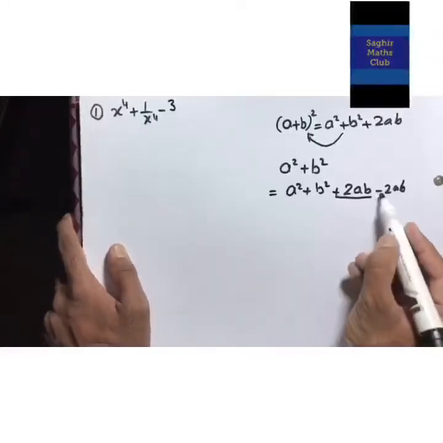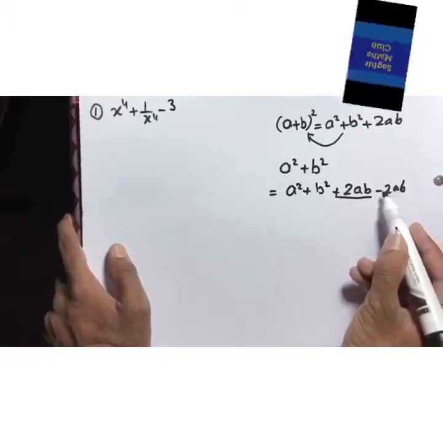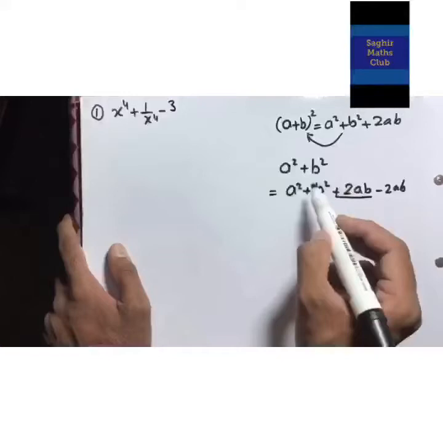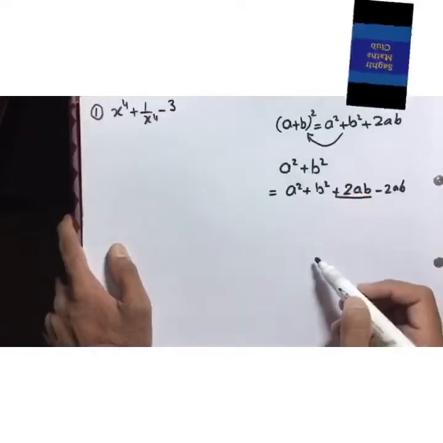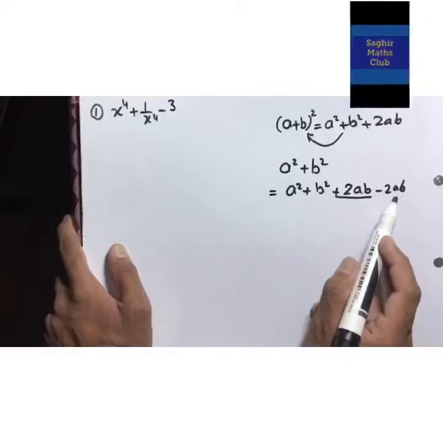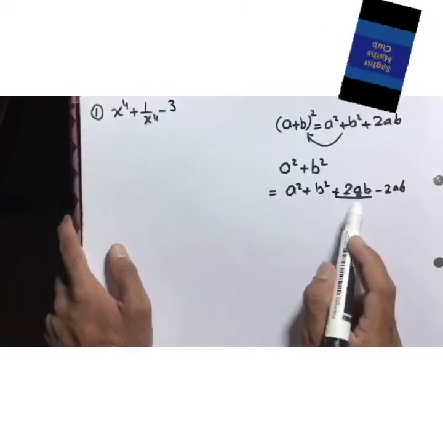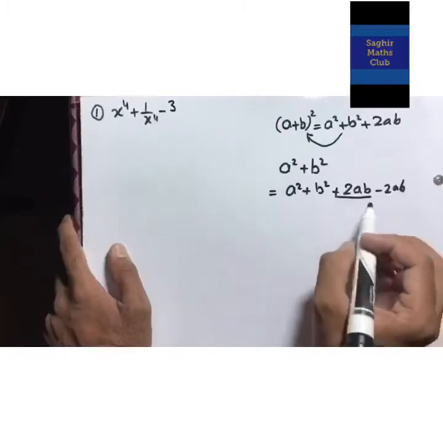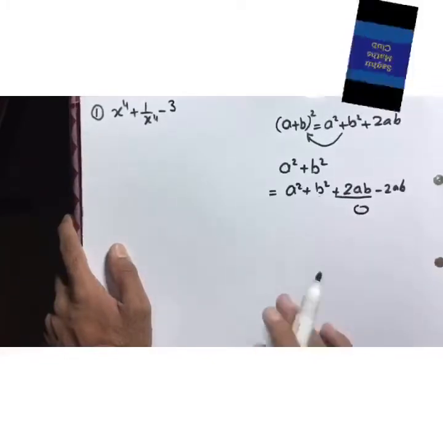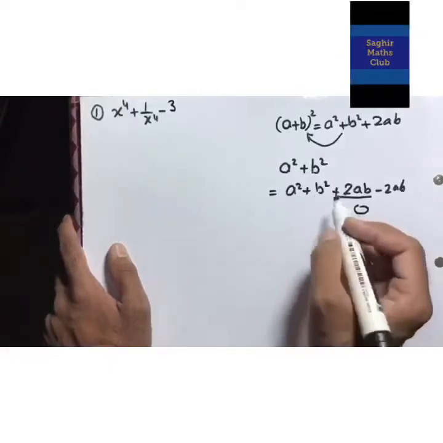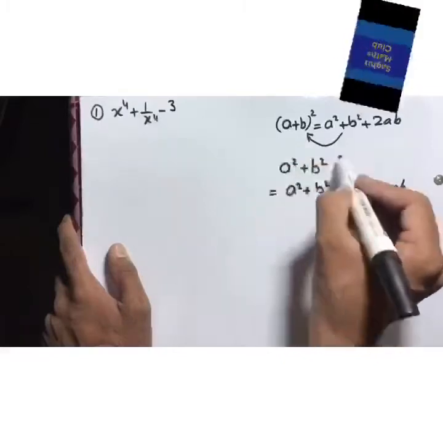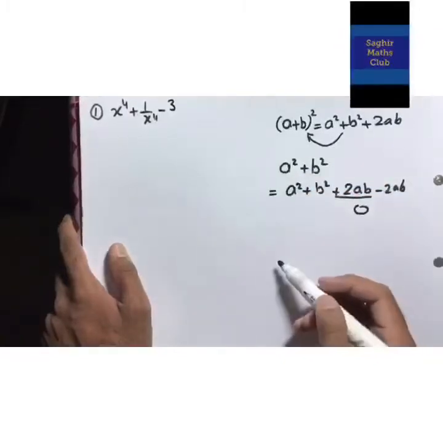We also have to subtract 2ab, because if we just add 2ab, then we change the question, we change the expression. So we also subtract 2ab. If you add and subtract plus 2ab minus 2ab, you get 0 by solving this. So we get a square plus b square again. We do not make any change in this expression by subtracting 2ab.